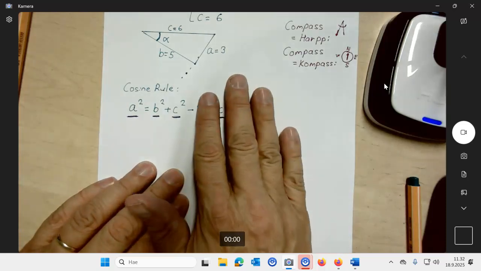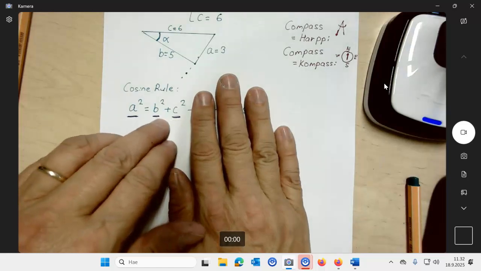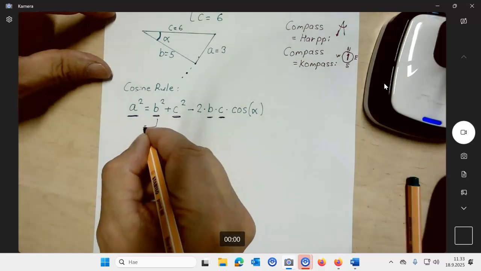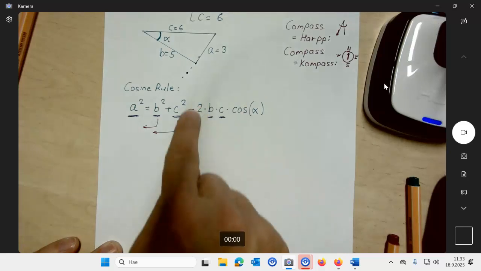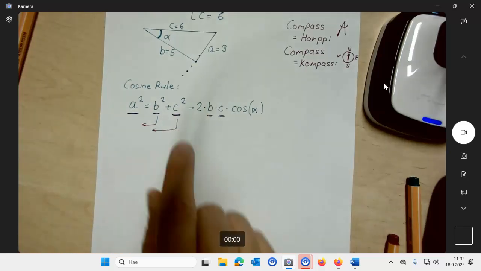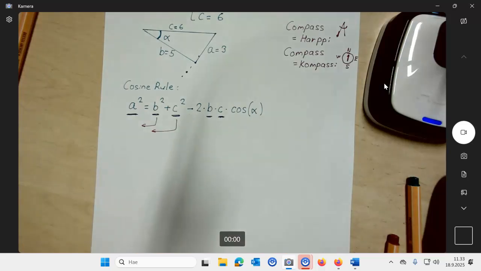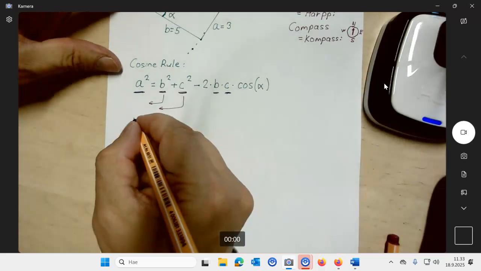So let's leave this in the right hand side and leave these other b squared and c squared on the other side of the equation. Of course, you could also do it the opposite way, that you would move this part to the left hand side. It maybe would be better, because then we would get rid of that minus sign. But sometimes you have no time to think carefully enough.